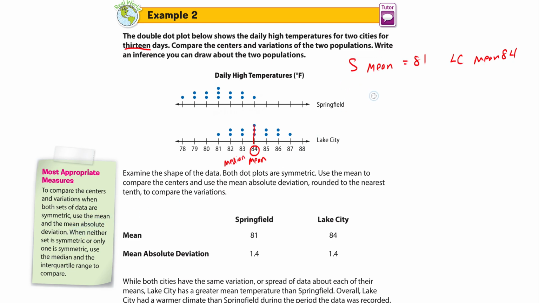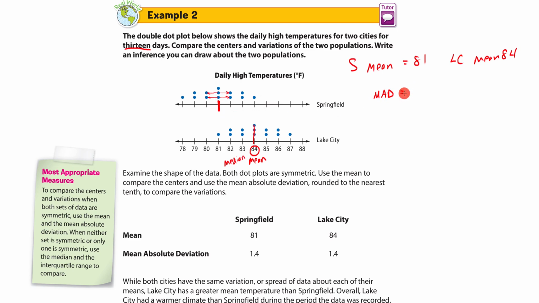So I'm going to do the mean absolute deviation, but let's take a look at it. If here is my mean, all of these dots, these three are 0 away from it. Well, how far is that dot away, and that dot away, and that dot away, and that dot away? We have 4 dots that are 1 away from this.